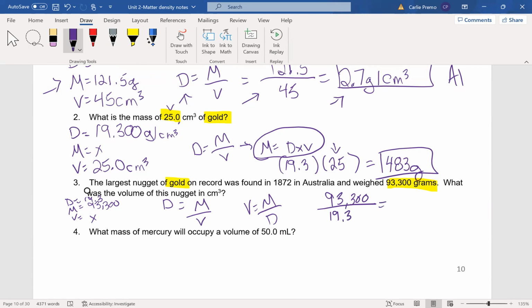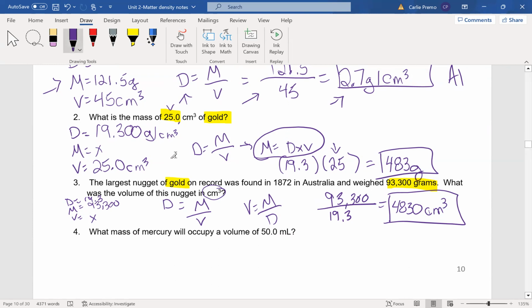And so we get 4,830 centimeters cubed here. Again, try to keep consistent with what the problem's asking. If it didn't specifically say centimeters cubed, then we could put milliliters here, since that's what the table told us the units of density were. That's essentially one type of each thing you'll have to solve for.